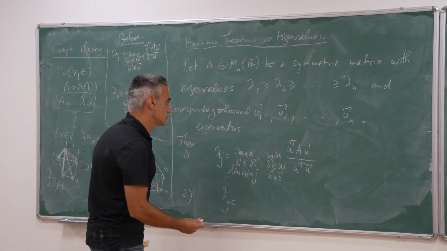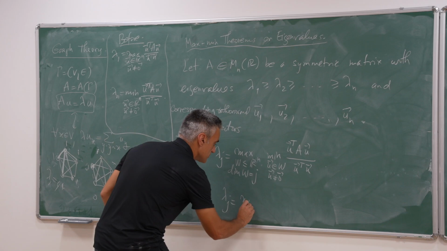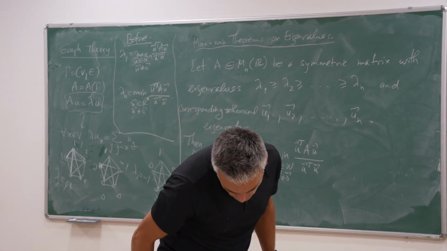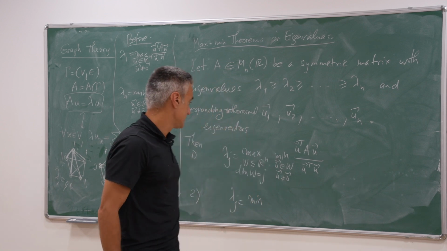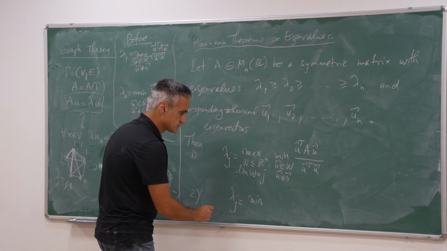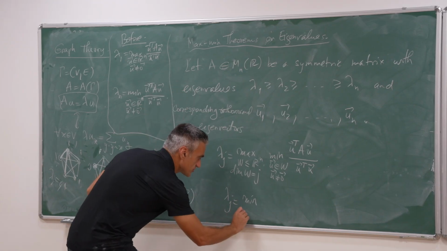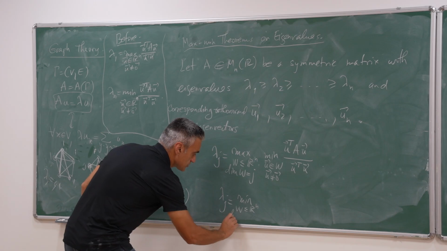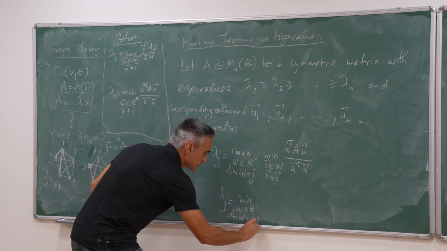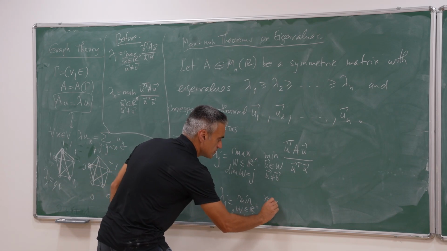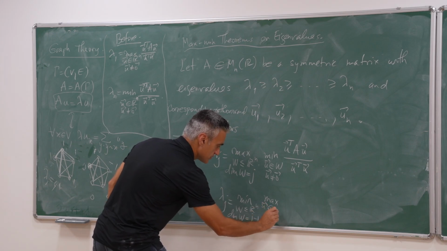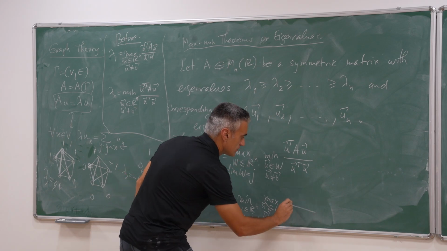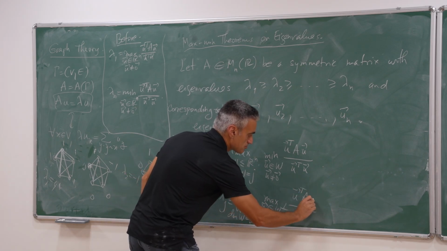Lambda j, you can write it in two ways, but okay, it's going to be the minimum over, let's say again, W in Rn, dimension of W is j minus 1, of the maximum over u in W perp, u not 0, of this Rayleigh quotient.